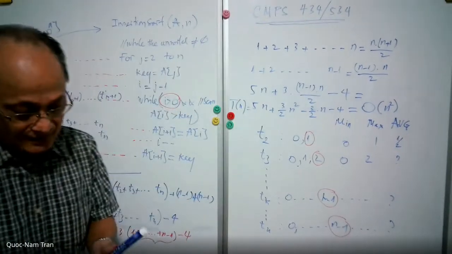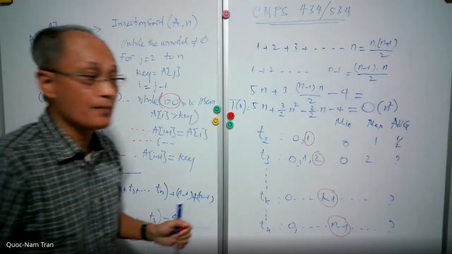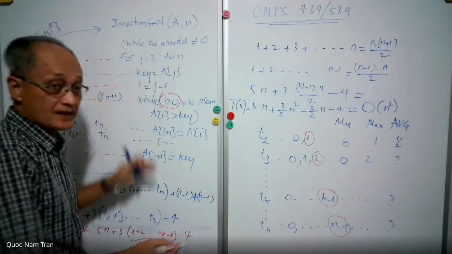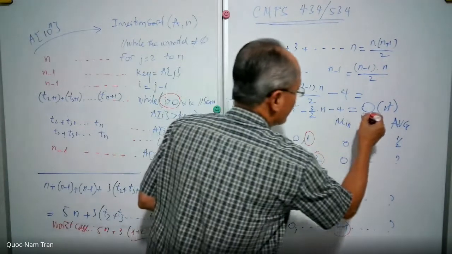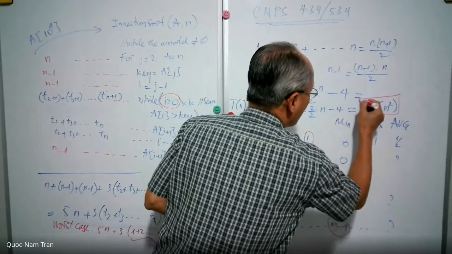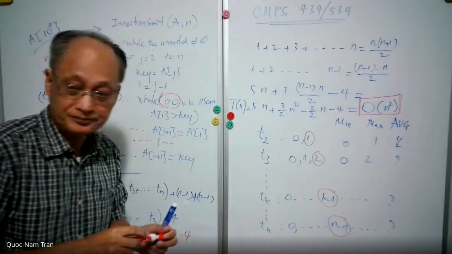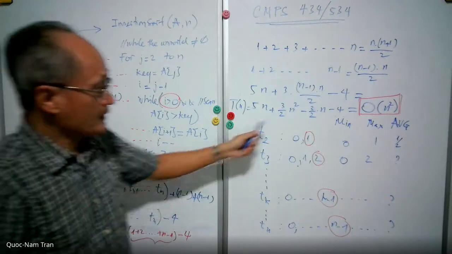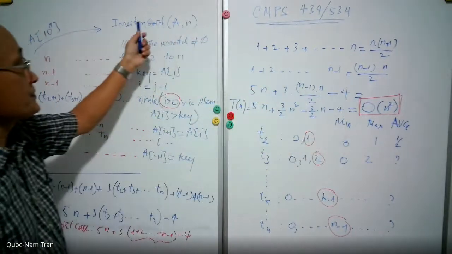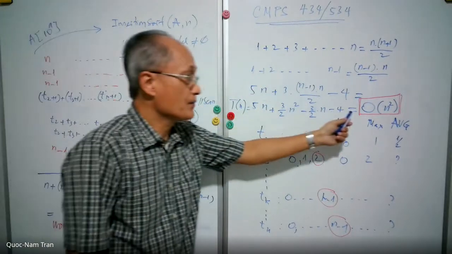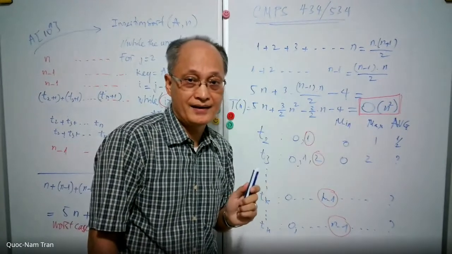And that's it, the complexity of performance of the insertion sort for the worst case. Okay? So the worst case for insertion sort is big O n squared. All right.